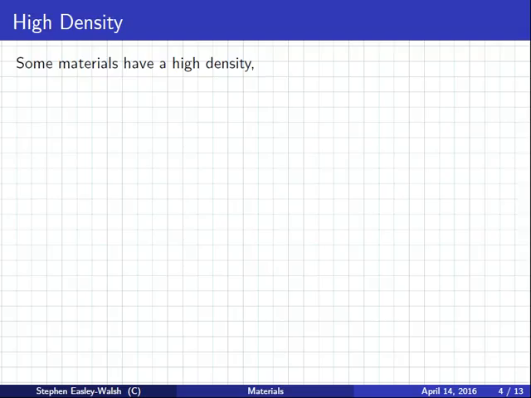What else would be low? Think about something that could be quite big, but not heavy. Come on. Balloon. That's air, yeah, it's still air, but that's right. A balloon would be big, but not heavy.